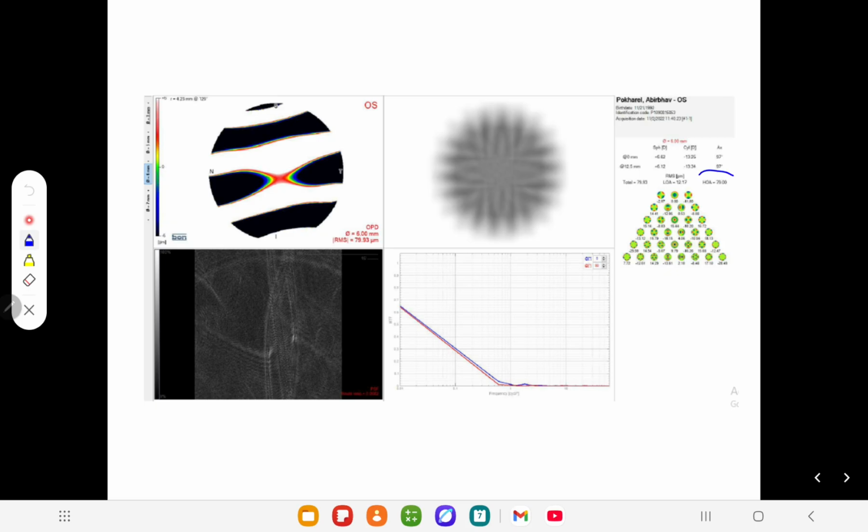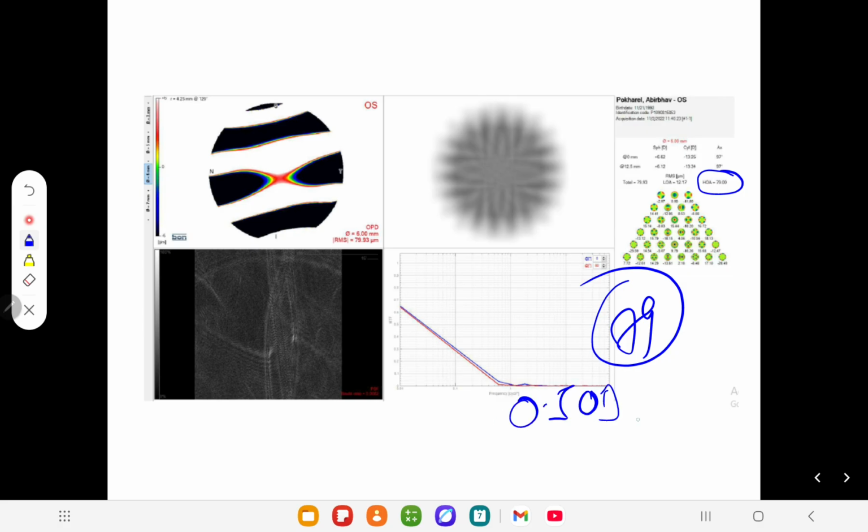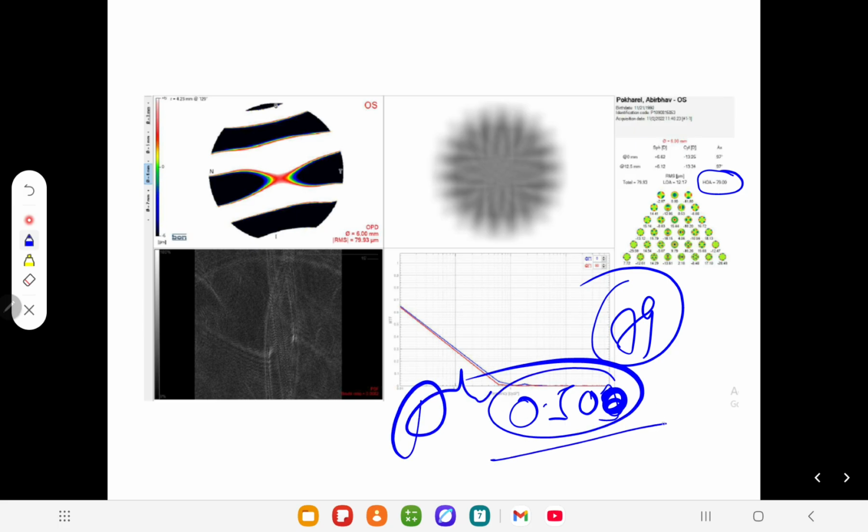See, in this case, high order aberration is 79. My goodness, it's so high. Even greater than 0.5 in aberrometry is actually considered high and significant. 79 means it's a lot. So I'll make one video on how to interpret the aberrometry and all these things.